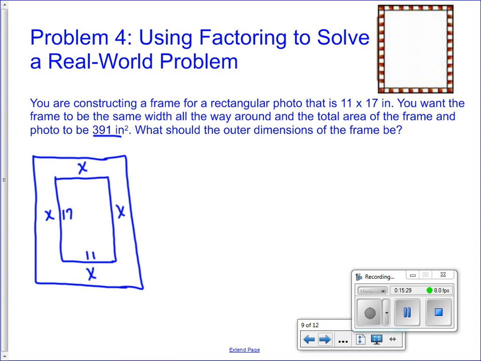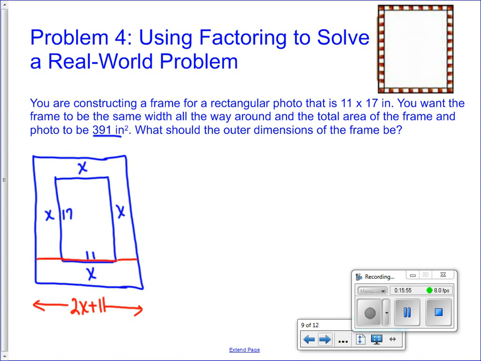So, what I notice is that my entire width from here to here is going to be the 11, plus the x and plus the x. So in other words, x plus x is 2x plus 11.